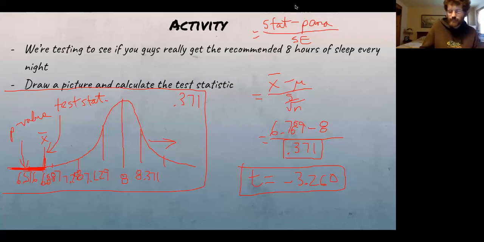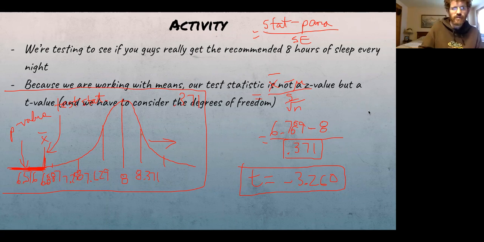Okay. So again, we'll go over this conceptually more as we move through it. But now we need to jump to the next part of this, which might be a little bit confusing. Because we are working with a t distribution, our test statistic is a t-value, and we have to consider the degrees of freedom.